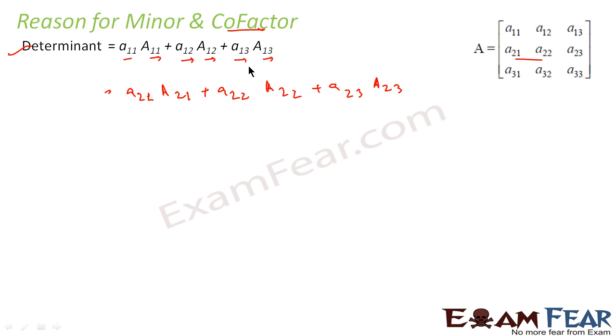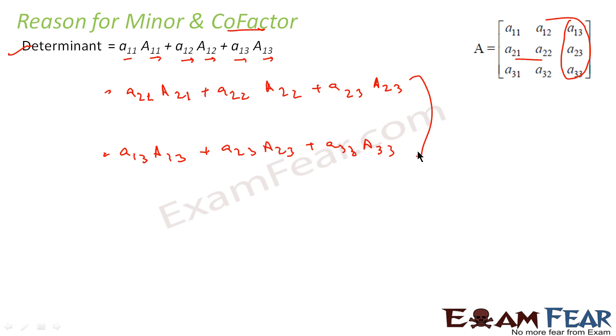If I take a column, let's suppose this column, I can say this way also: A13 cofactor A13 plus A23 cofactor A23 plus A33 cofactor A33. This proof I have done, I think, in my video series number 2 for the same chapter. So the reason we have cofactor is it gives a better mathematical representation of determinant, in the form of cofactors and minors.